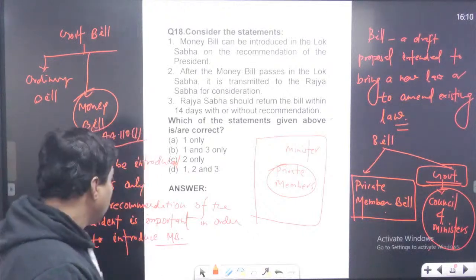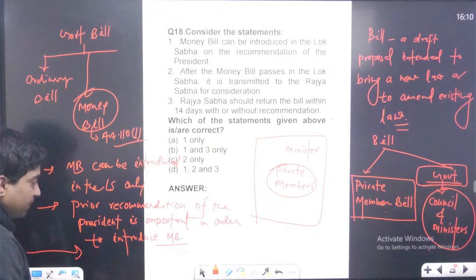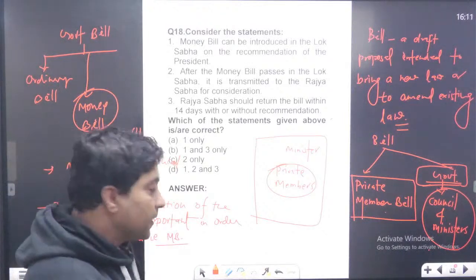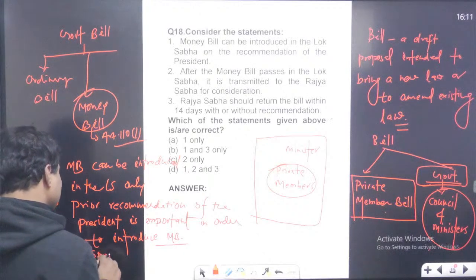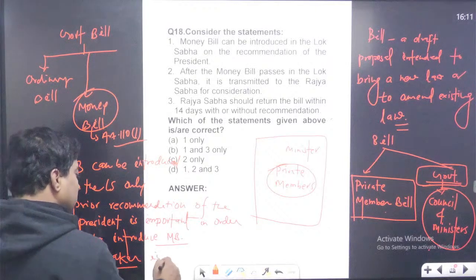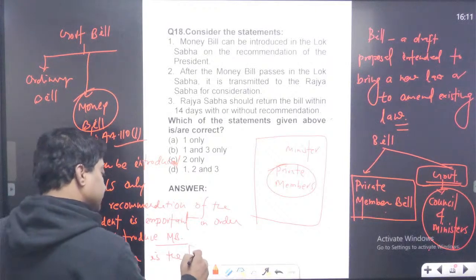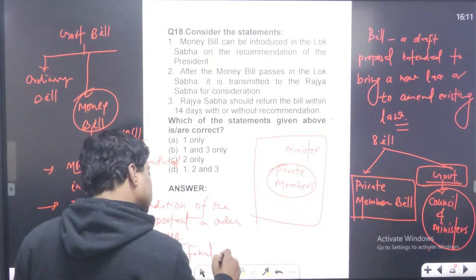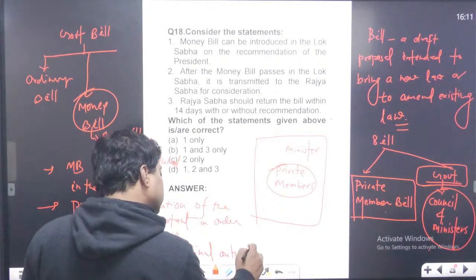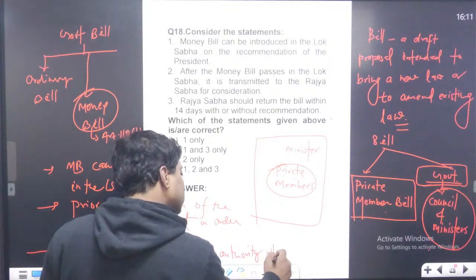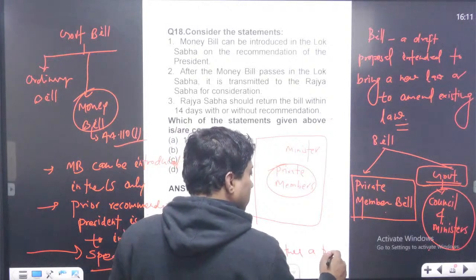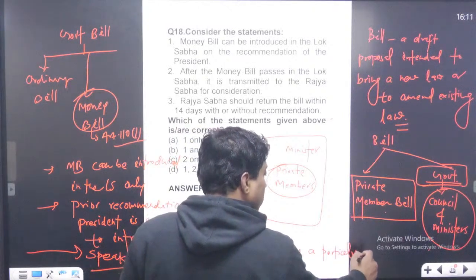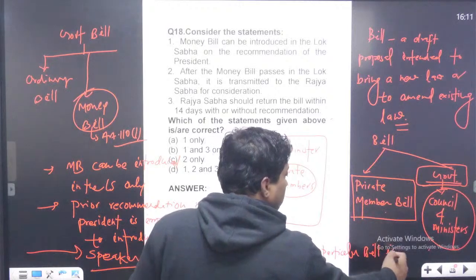Right. Thirdly, who will decide whether a particular bill is a money bill or not? It is the Speaker of the Lok Sabha. Speaker is the final authority whether a particular bill is a money bill or not.